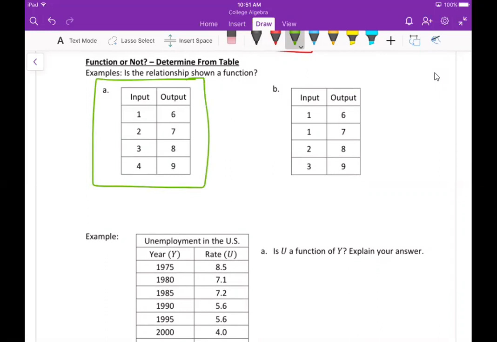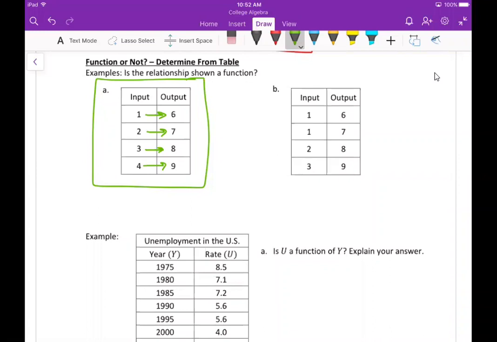So I see an input of 1 here, and it has exactly one output of 6. I see an input of 2, it has exactly one place to go, 7. If I input 3 into this relationship, I know exactly what my output will be. It'll be 8. And same thing with my last input of 4, it will only go to 9.